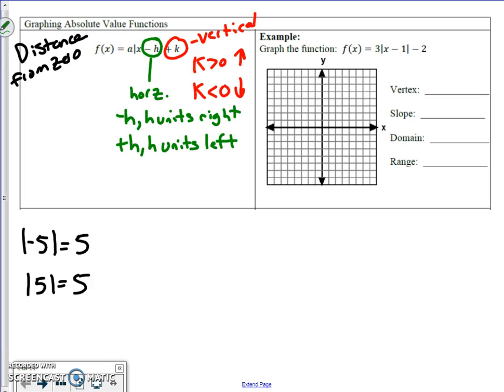Okay? A tells us a couple things. When a is less than 0, we flip or we reflect over the x-axis.